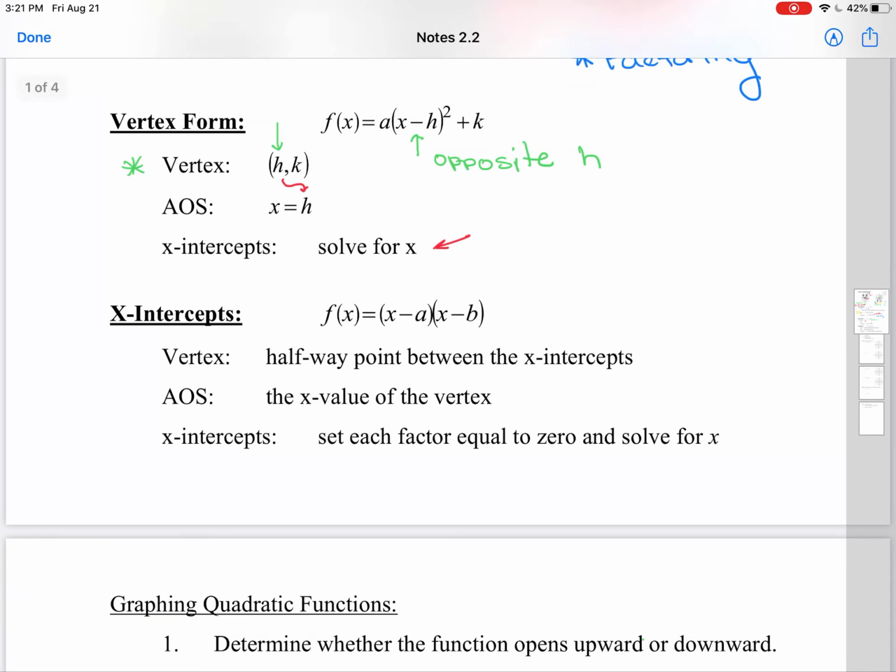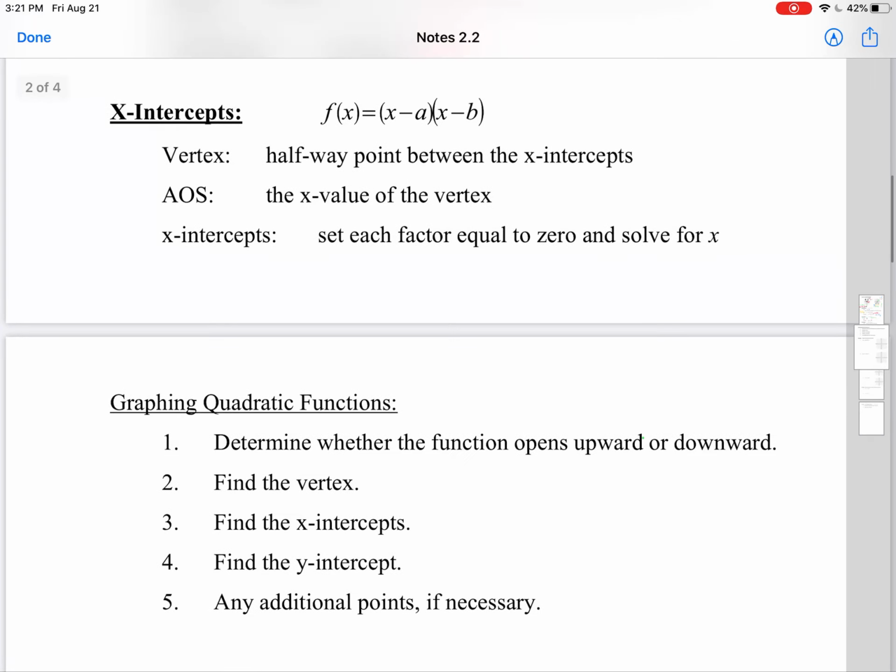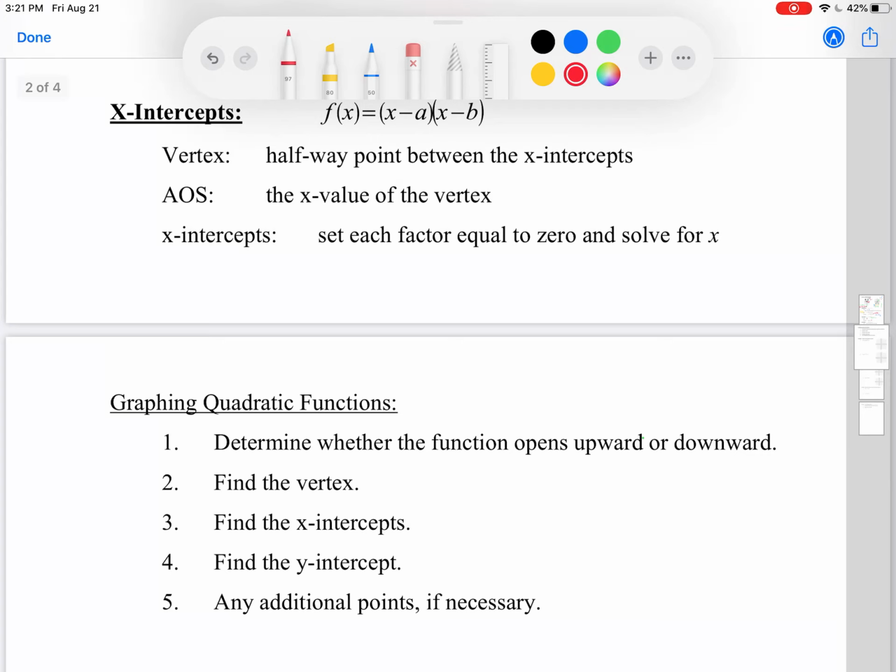And the last one, x-intercepts, I highly suggest that we go ahead and flip this around slightly. So instead of saying f of x equals all of that, let's call it f of x equals, and we're going to put a out front. I know I've been referencing a already twice above.